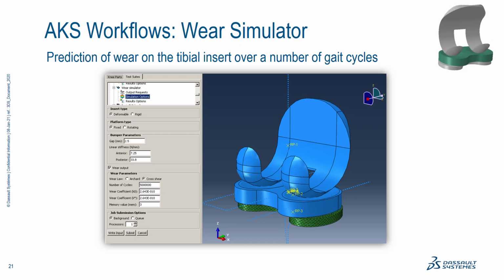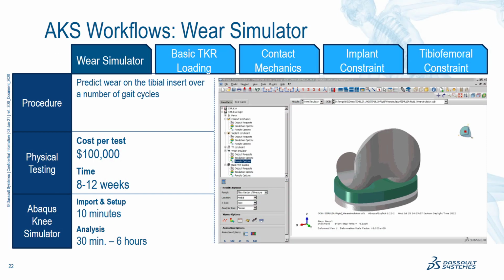Wear simulator. Here the prediction is similar to a fatigue analysis for components. We are predicting the wear of the tibial insert over a number of cycles. So here we have the input parameters and the wear output, so how many cycles we are calculating.